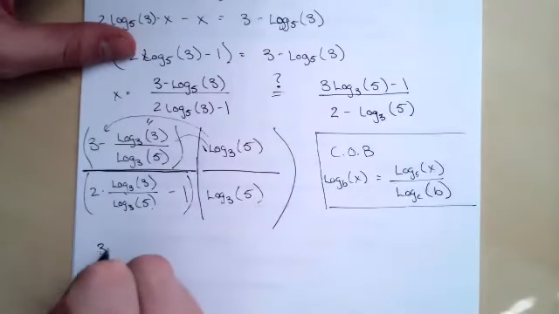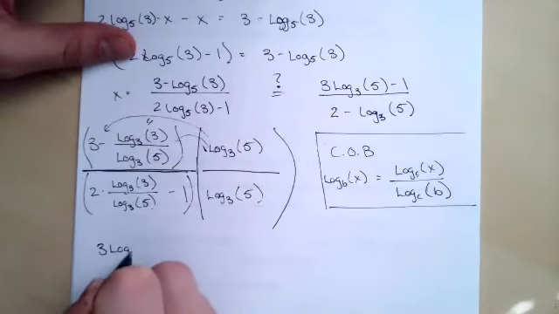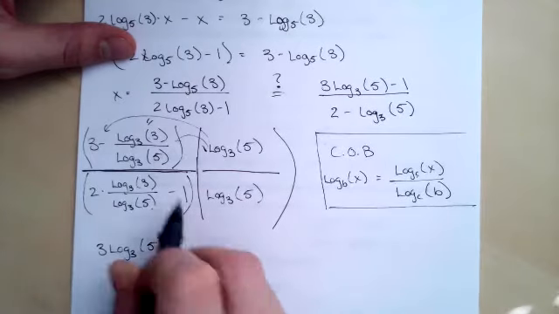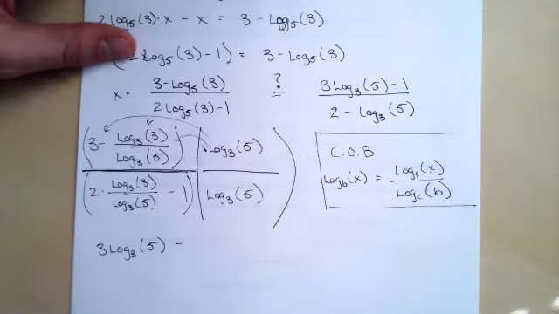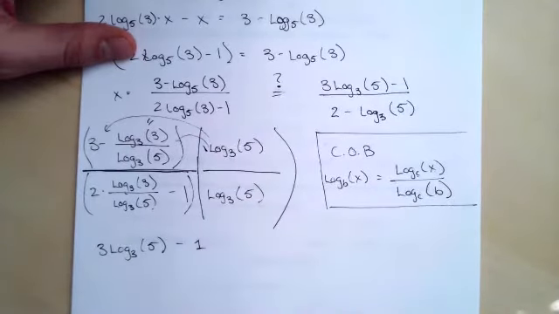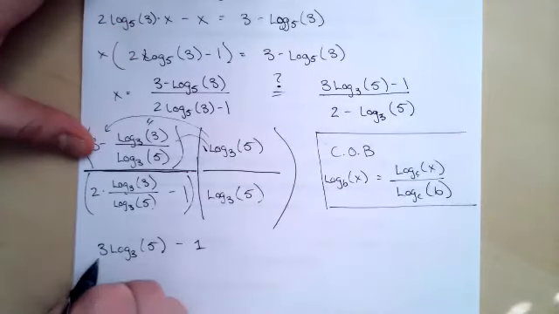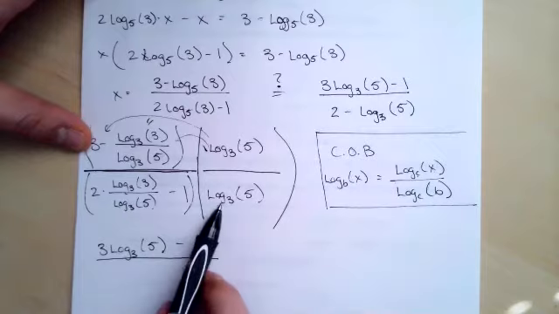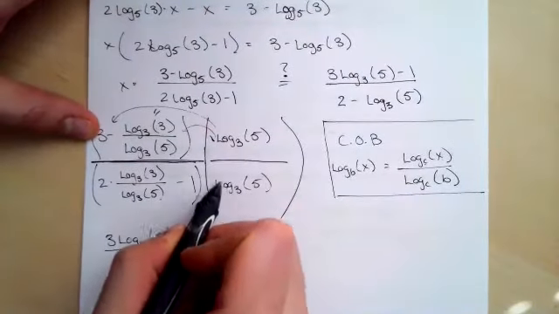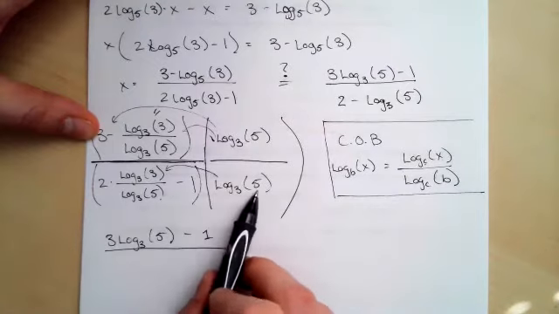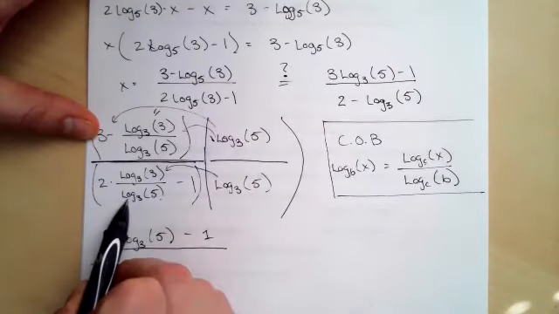So in the numerator, we will be left with 3 log base 3 of 5 minus log base 3 of 3. What is log base 3 of 3? Just 1. Do the same thing in the denominator. I've got to distribute this guy to this term, but the log base 3 of 5 will cancel out that guy.